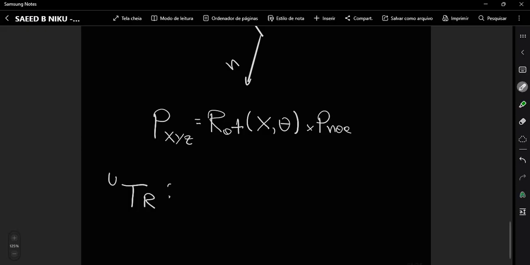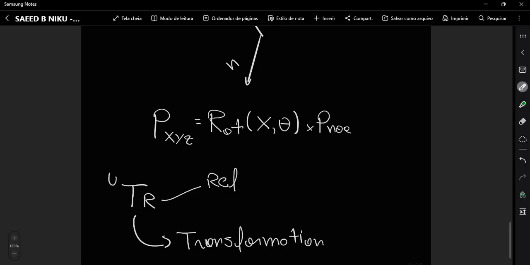And what does that mean? That means the transformation of the referential in relation to a universe.